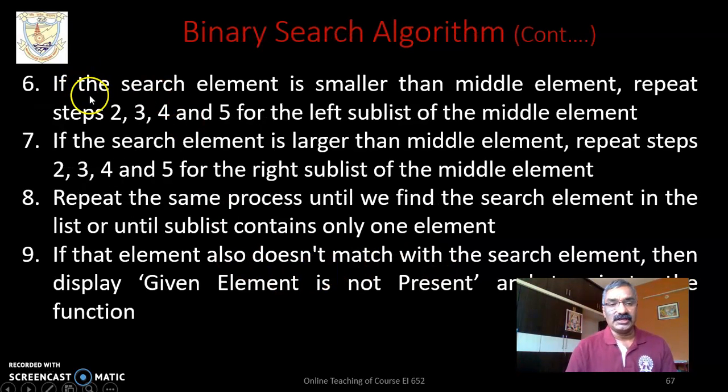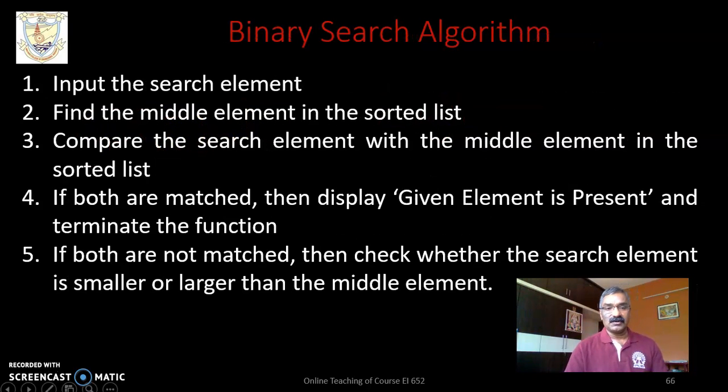In step number 6, if the search element is smaller than the middle element, repeat steps number 2, 3, 4 and 5 for the left sublist. 2, 3 and 4 mean what? In step number 2, find the middle element in the sublist now. Compare the search element with the middle element in the list. If both are matched, then display given element is present, then terminate the program. Otherwise, check and go to the next sublist.